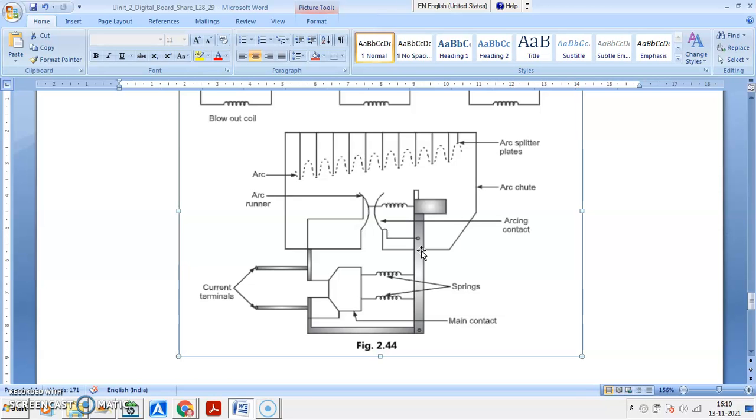Then it can be used for higher voltage up to 6.6 or 11 kV also for transformer protection. These air circuit breakers are suitable for repeated operation. The important thing is that you are having auxiliary and main contacts, or we can call them arcing and main contacts. So this is the air brake circuit breaker. Any doubt?